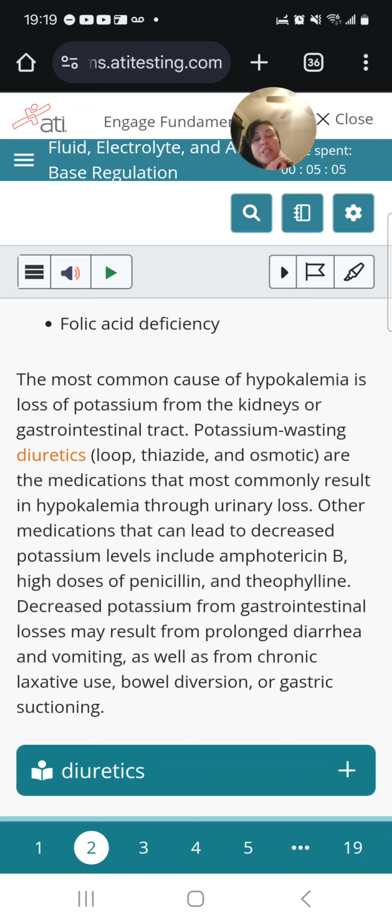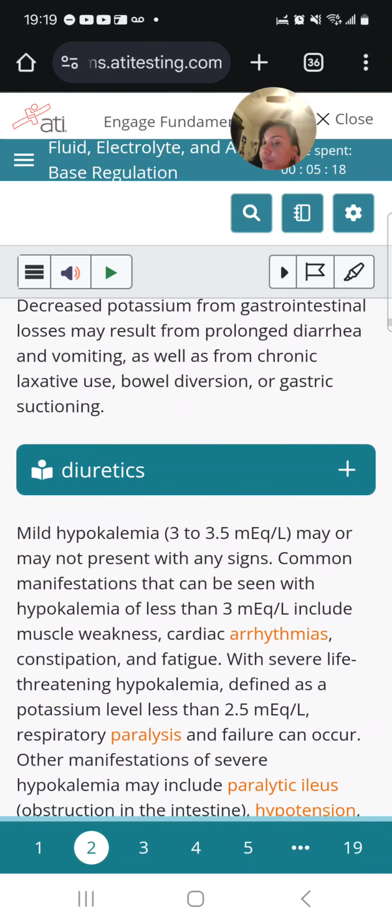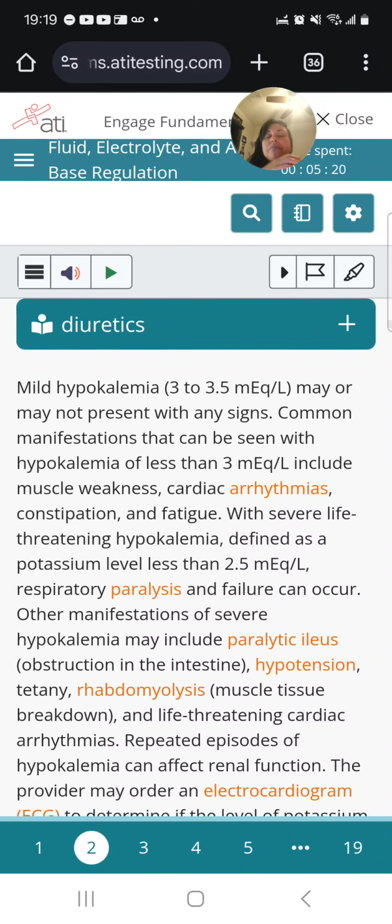So decreases of potassium from gastrointestinal loss may result from prolonged diarrhea, vomiting, as well as from chronic laxative use, bowel diversion, or gastric suctioning. So it says mild hypokalemia from 3 to 3.5 may not present with any signs.